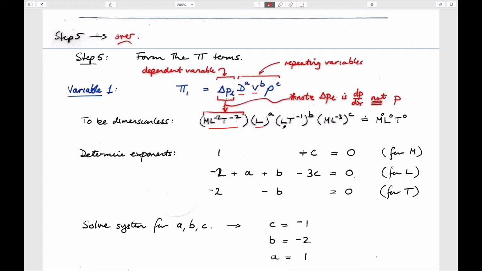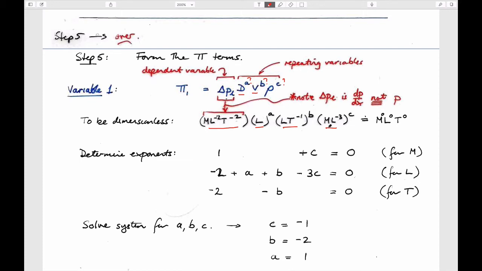We raise these each to a power, A, B, or C, which we don't know, which we'd like to find out. And we set those units equal to 0 units of mass, 0 units of length, and 0 units of time. And so long as we can satisfy this requirement for the values of these exponents, A, B, and C, then we have a solution that has no units in it.